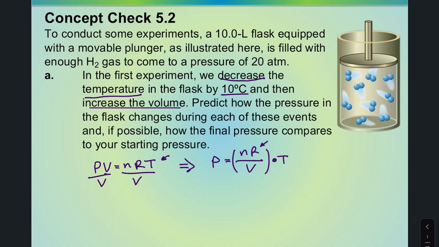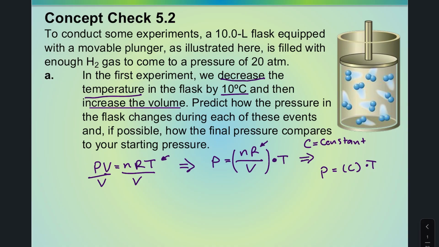And so we have this, and I will even write this as C equaling constant, and I will say that P equals C times T. So we can say that they are all going to be constant.